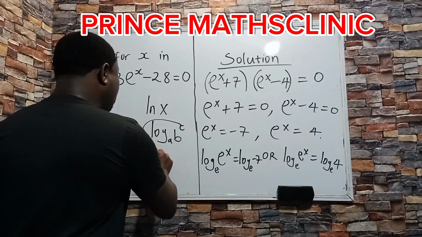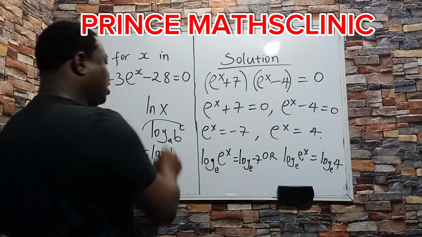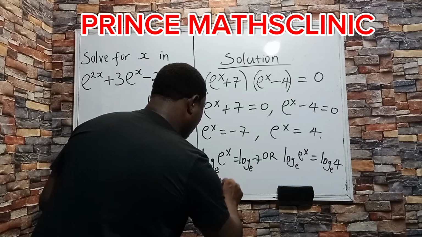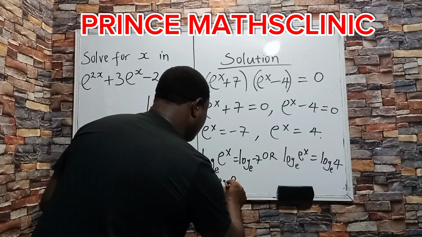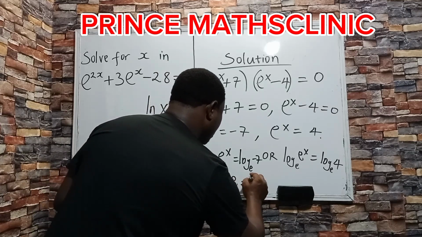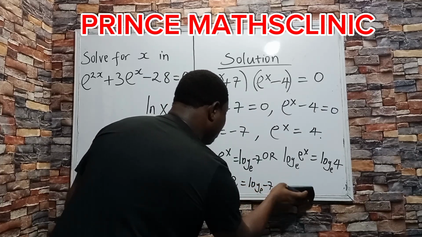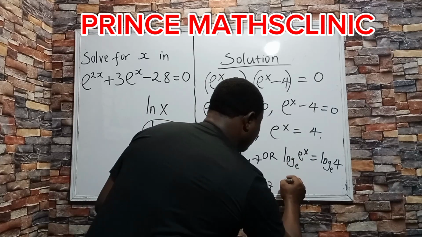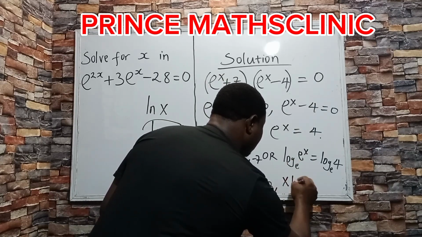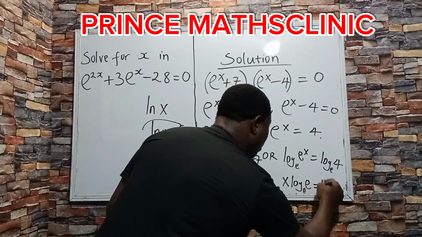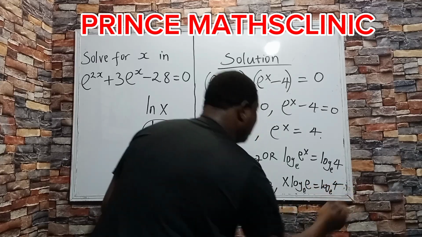So this becomes x log e base e equals log of minus 7 base e, and x log e base e equals log 4 base e.